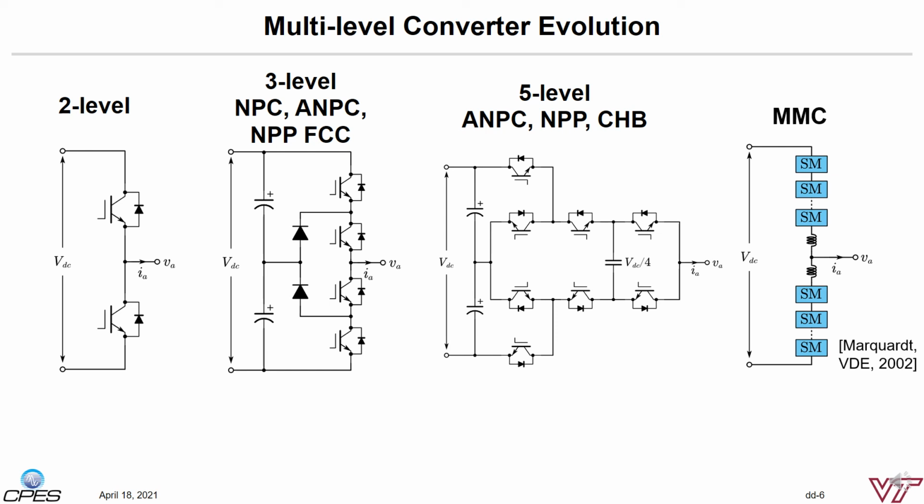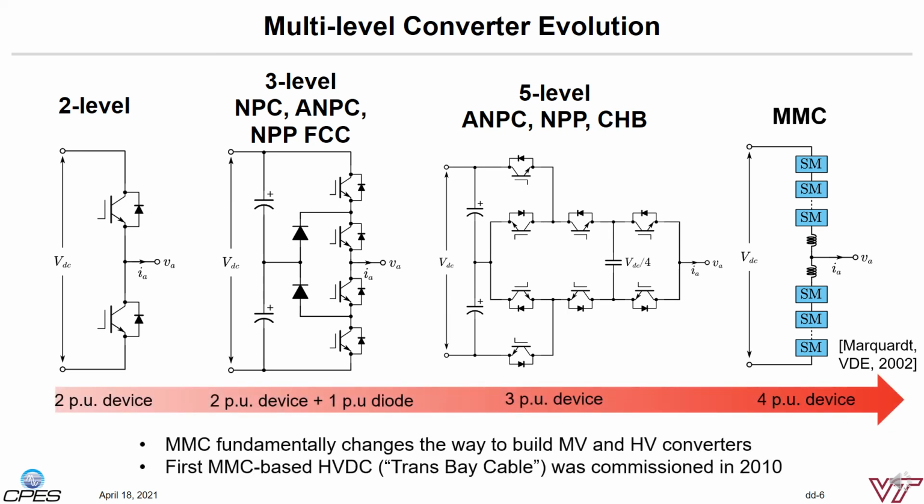MMC is very successful in the VSC-based HVDC market. Although it needs a large number of devices, it still gains market share in high voltage and even medium voltage space. Basically, MMC fundamentally changed the way to build medium voltage and high voltage converters, significantly reducing the technical barriers. And it also adopts the wire bonding type IGBT modules in HVDC space, which in the past would be considered a crazy idea.